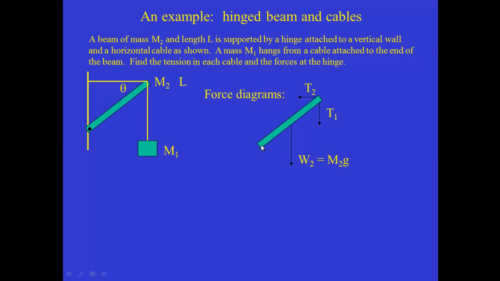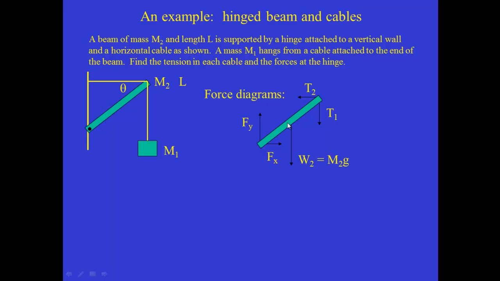And rather than somehow try to figure out what direction the net force is in, the simplest way to analyze these problems is just to draw in F sub y and F sub x. Some textbooks call these H sub y and H sub x because they are the hinge forces. It's tempting to think that when the beam is oriented the way it is, this net force would be directed along the direction of the beam.